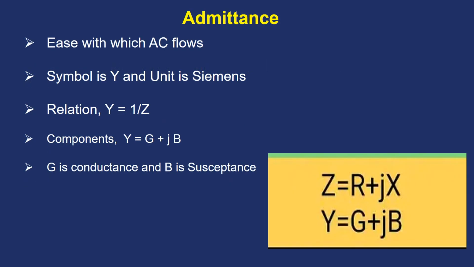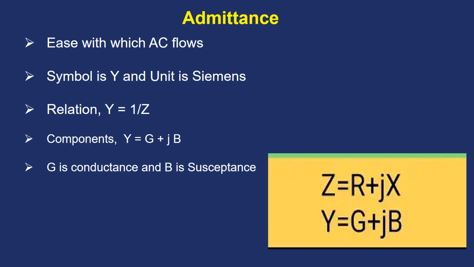So next and today's last term is admittance. It is the ease with which AC current flows. It is opposite to the impedance. The symbol is Y and the unit is Siemens. Y is equal to 1 upon Z or 1 upon X, X or Z both are same. So its components are Y is equal to G plus jB.